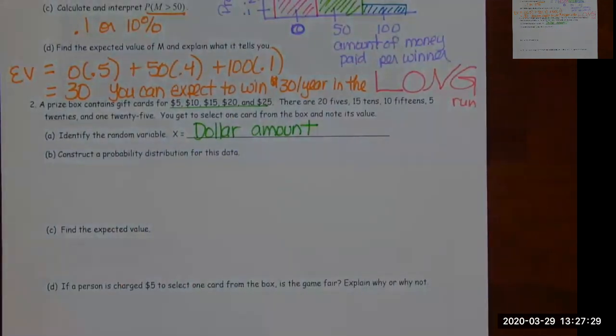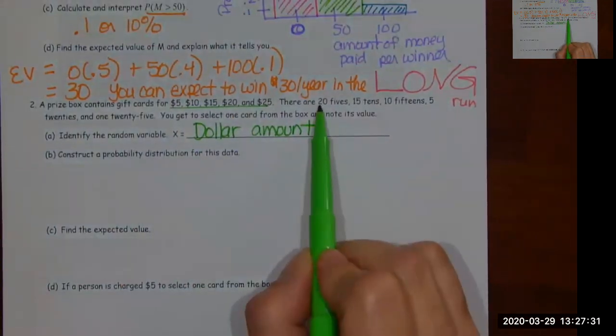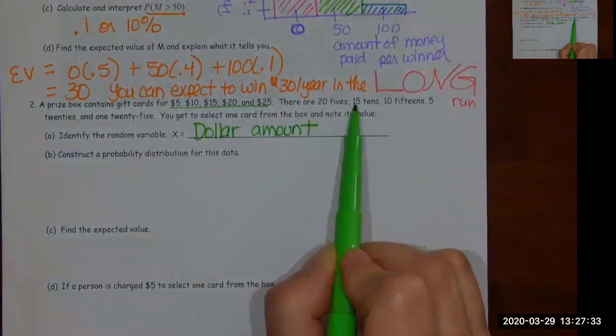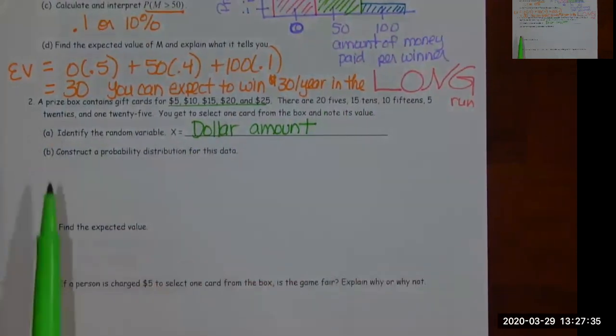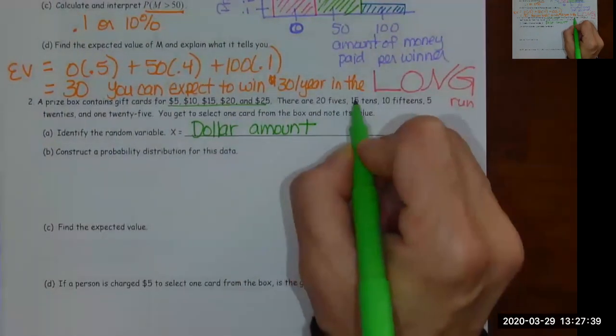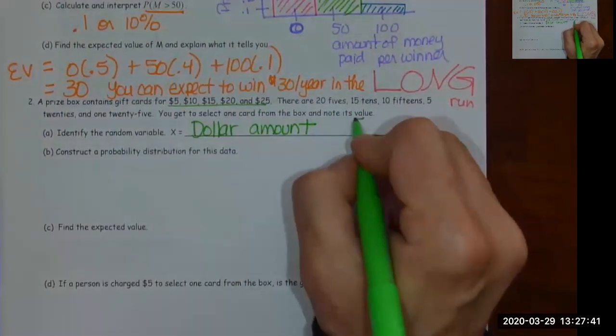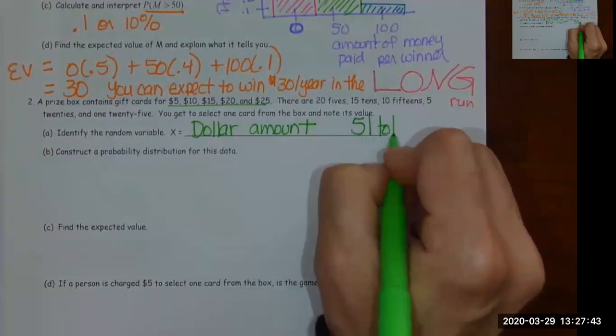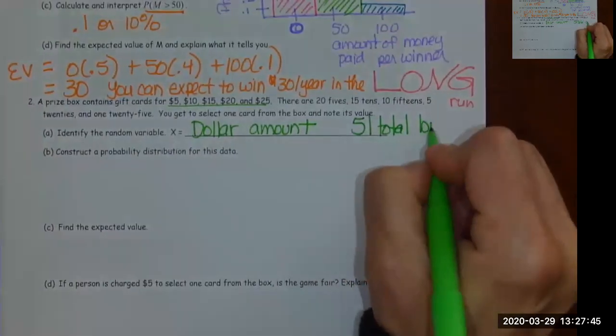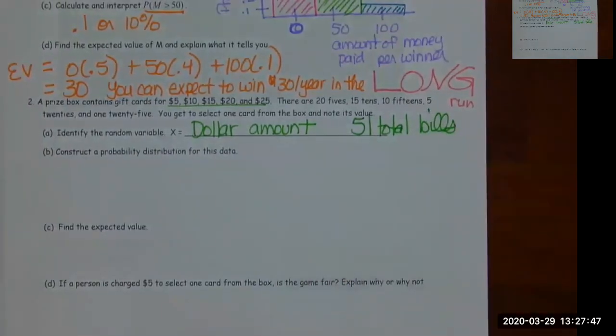And if you look at this, we have 25s, 15 10s, 10 15s, 5 20s, and 1 25. So therefore, that's 20, 35, 45, 51 total bills, right? So construct a probability distribution.